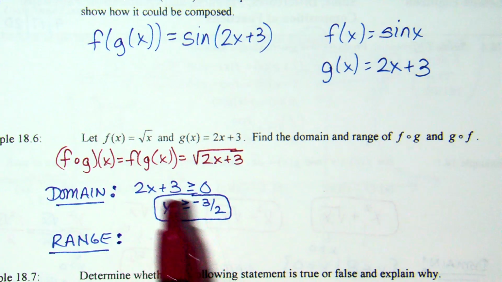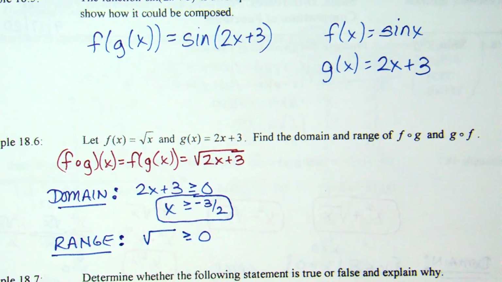It doesn't really matter what's under the square root here, but that square root is the whole function. Since that square root is that whole function, it has to be greater than or equal to 0, then those are my y values. Because if you look up here, y is the name for f of g of x, so this square root is y. Since it's a square root, my outputs have to be positive.